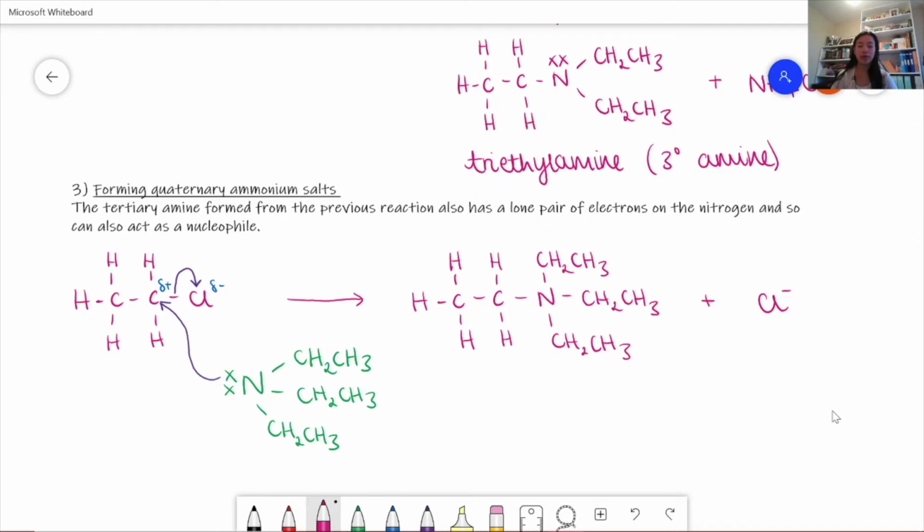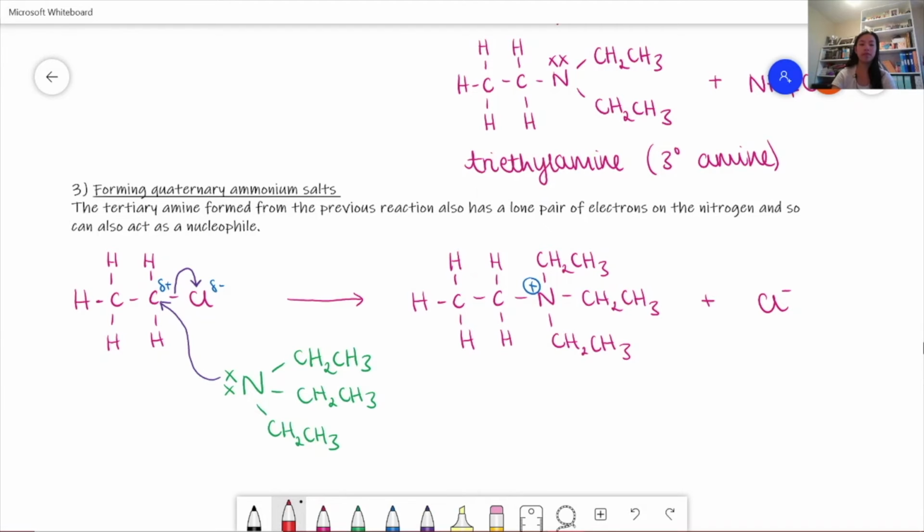And now we need to remember again that this nitrogen is positively charged because it's lost some electrons. And so now we don't get another ammonia attacking as a nucleophile because there's no more hydrogens left on this nitrogen to be substituted out. And so what happens is that these two ions produced then react together to form this quaternary ammonium salt.